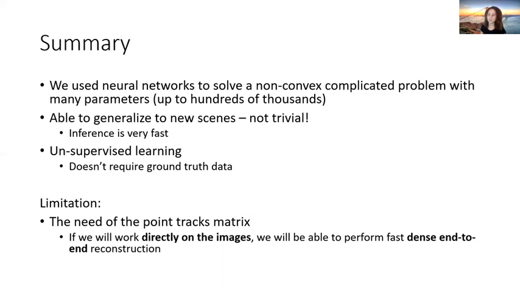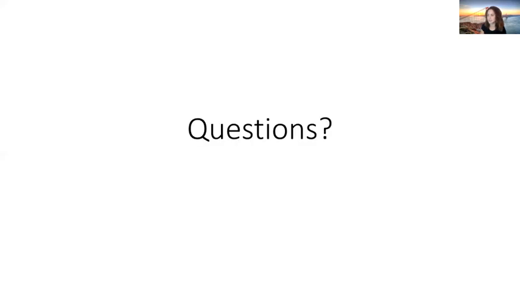If I have reflections or non-textured objects, this whole thing is very problematic. So the end goal is to take what we did here and add another component in the beginning that will work directly on the images, and hopefully this will get to the end-to-end scenario. So this is the goal. And that's it.